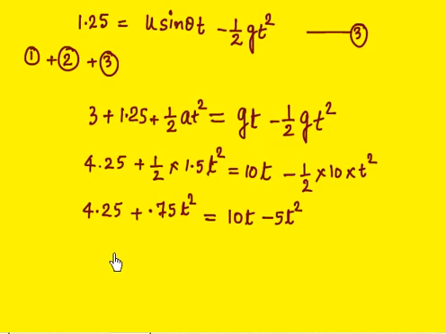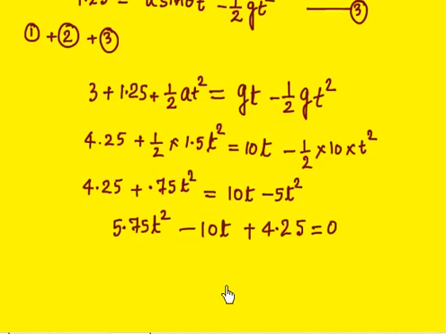So what we will have? Moving terms, 5.75 t square minus 10t plus 4.25 is equal to 0. I have to solve for t.